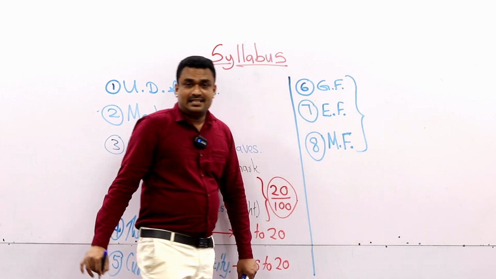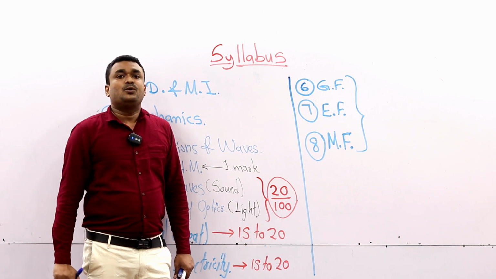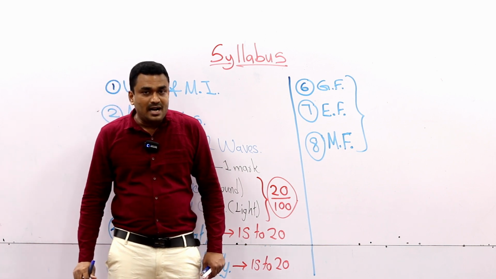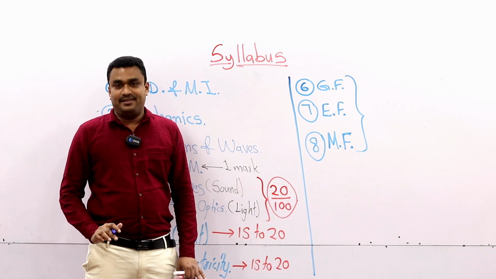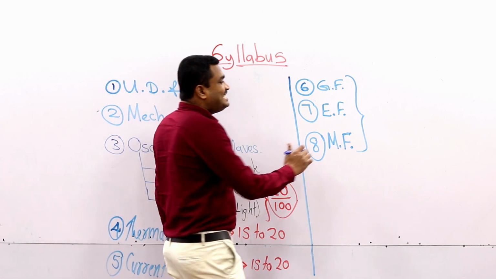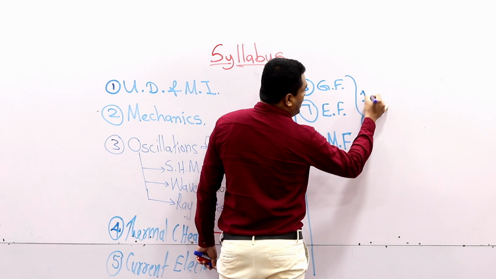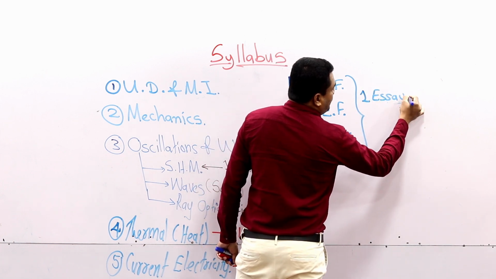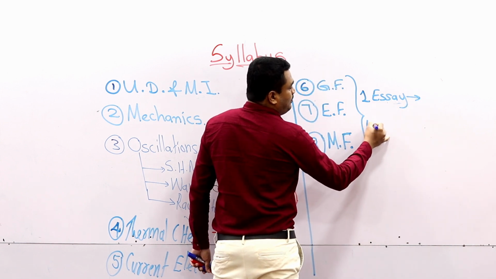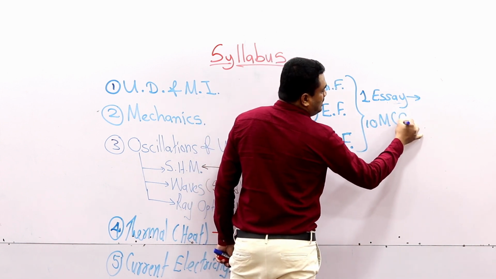So in the fields lessons, they will give you one essay question. It means 7.5 marks out of 100. I'm always giving the marks out of 100. So one essay question means 7.5 marks, and there will be 10 MCQs.